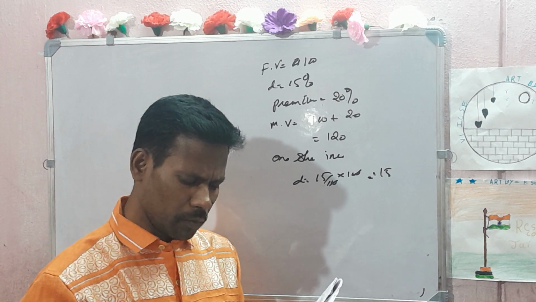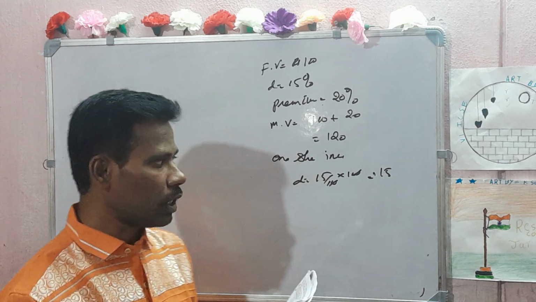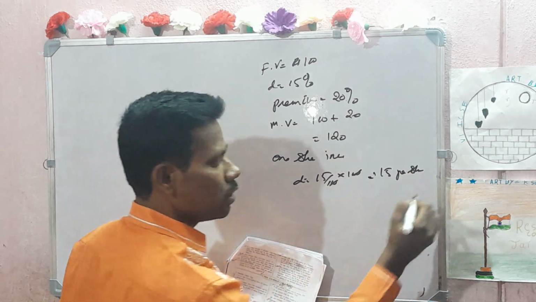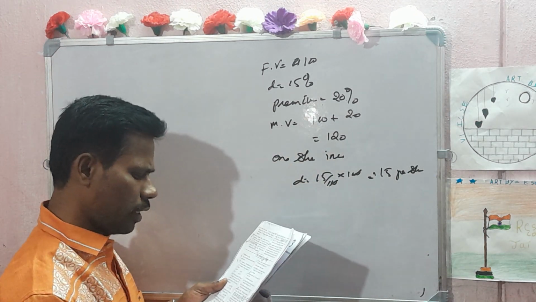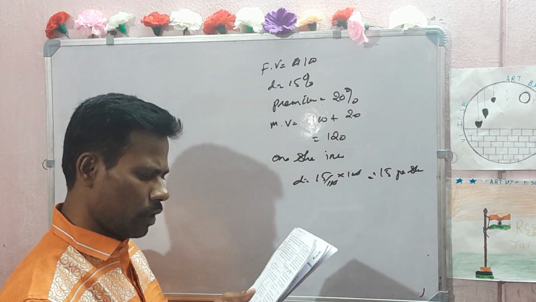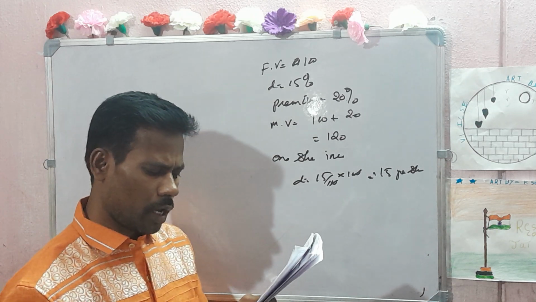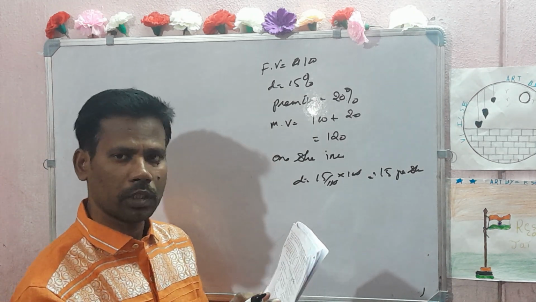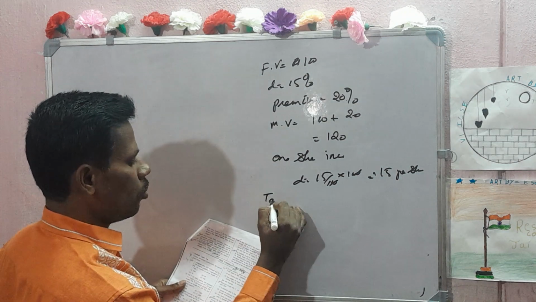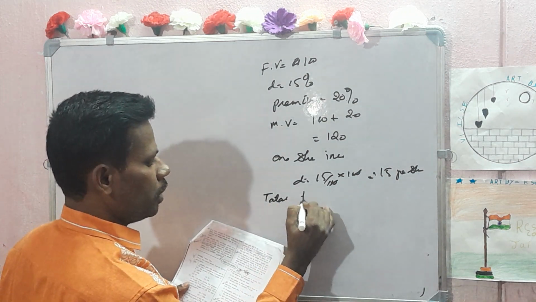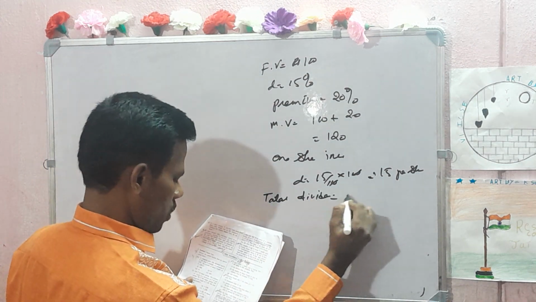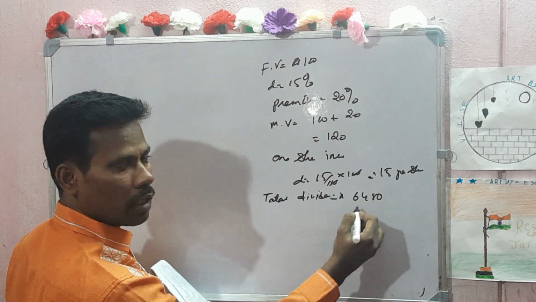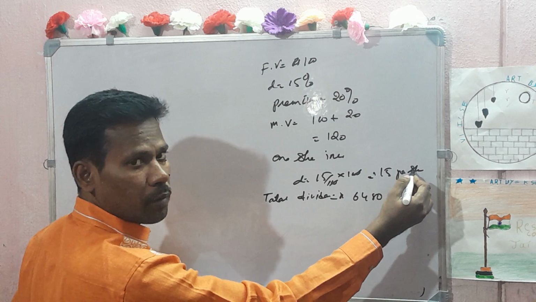The number of shares he bought to have an income from the dividend. This is dividend per share. Total dividend is 6480. That means total income is 6480, and income per share is 15.